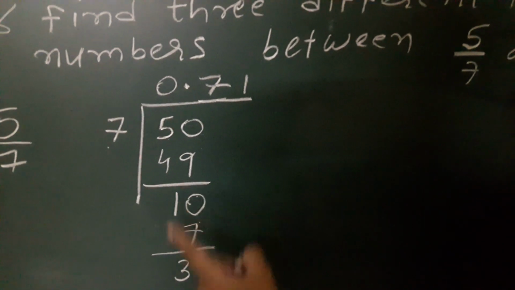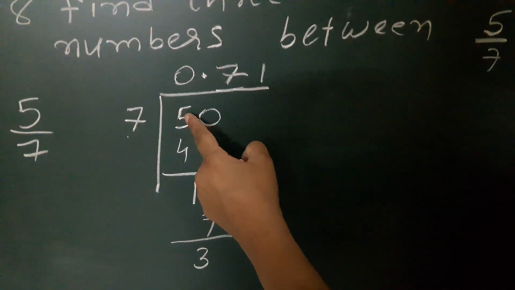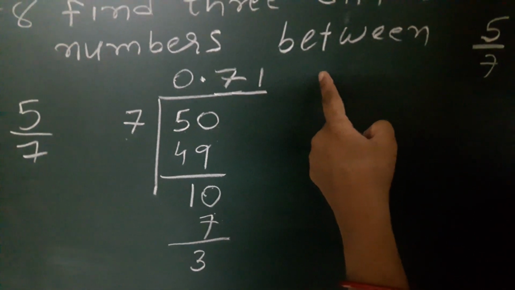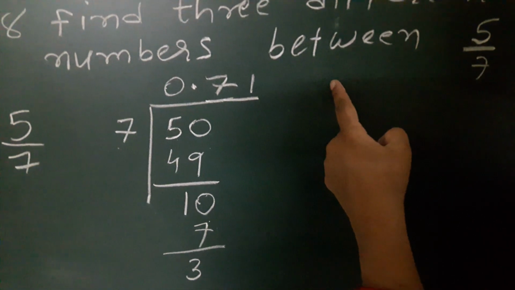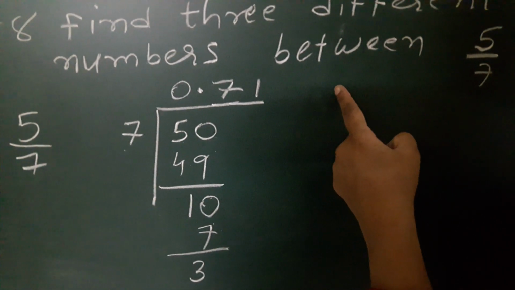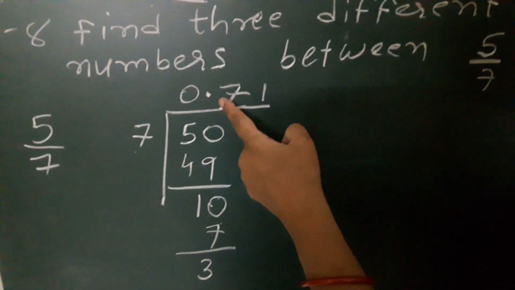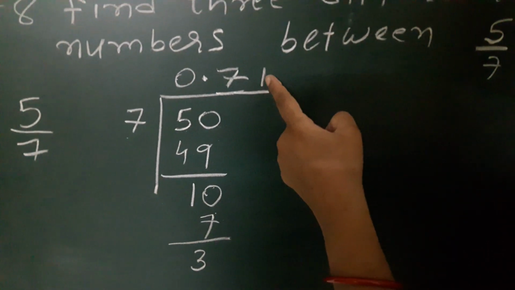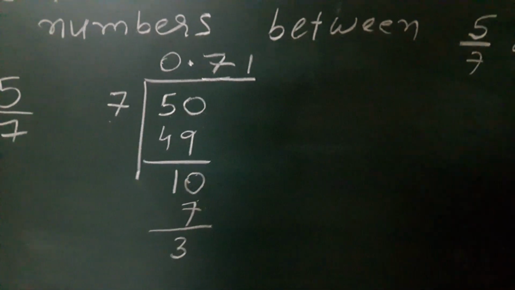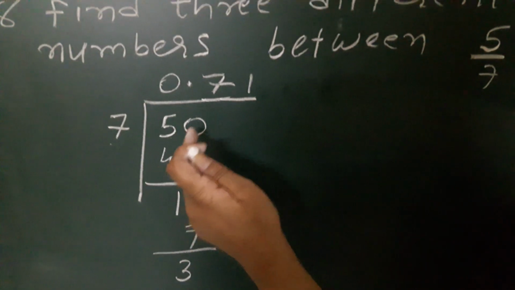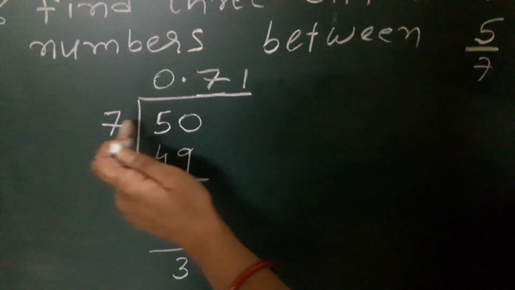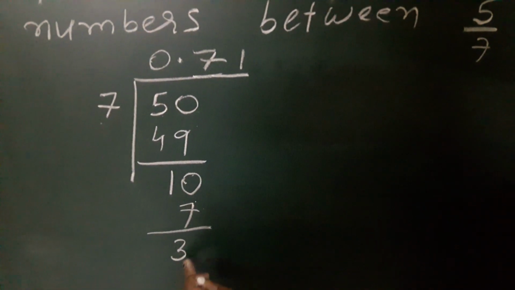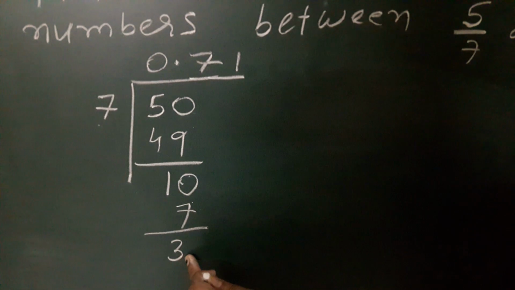So for 5 by 7, we take after the decimal point any 2 digits. So here if we divide 5 by 7, we got the remainder 3.